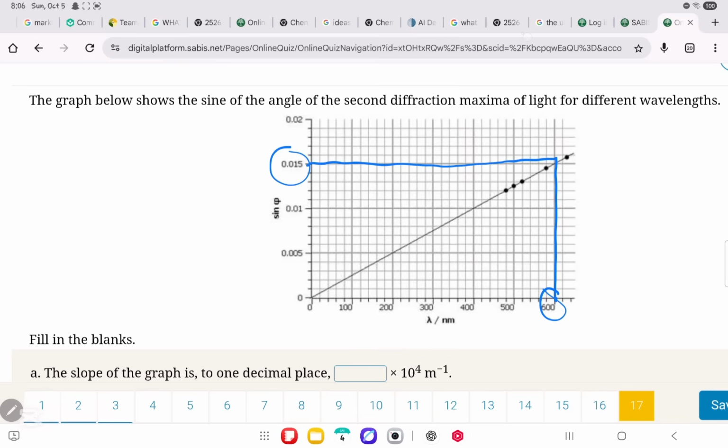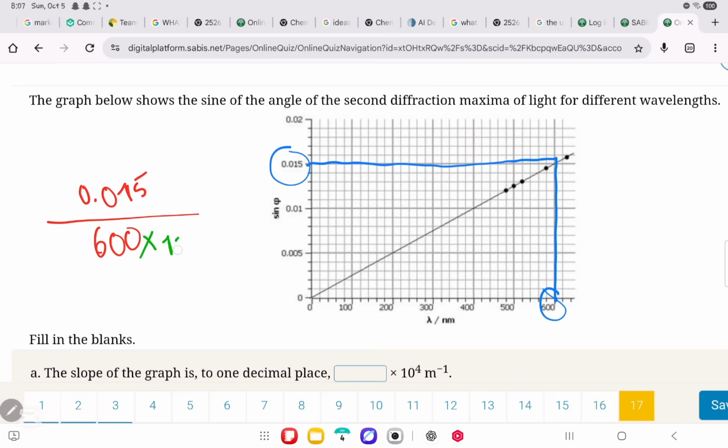Because it's a straight line passing through the origin, we will do what? We will do rise, which is 0.015. Rise over run, which is what? Which is 0.015 over 600. Now we need to change it, my bad. We need to change it into the appropriate values. So 0.015 stays as it is. However, 600 nanometers, we cannot keep it in nanometers.